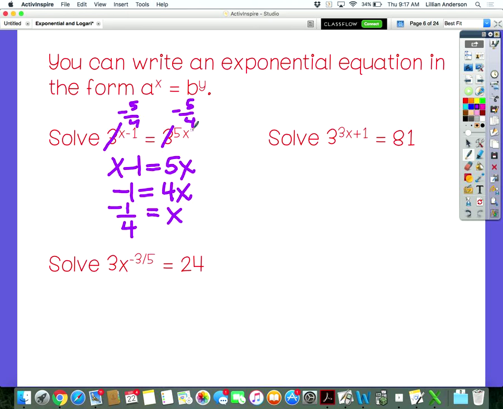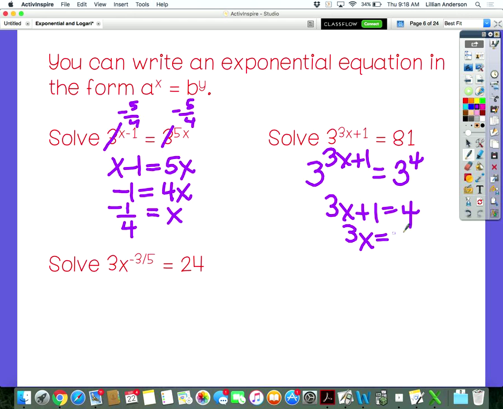Over here, is there a way we can rewrite 81 to have a base of 3? 3 to the 4. Knowing your powers can definitely help you out with that so you're not struggling. And now with the bases being the same, you just set your exponents equal to each other and solve. Subtract 1, divide by 3, and x equals 1.